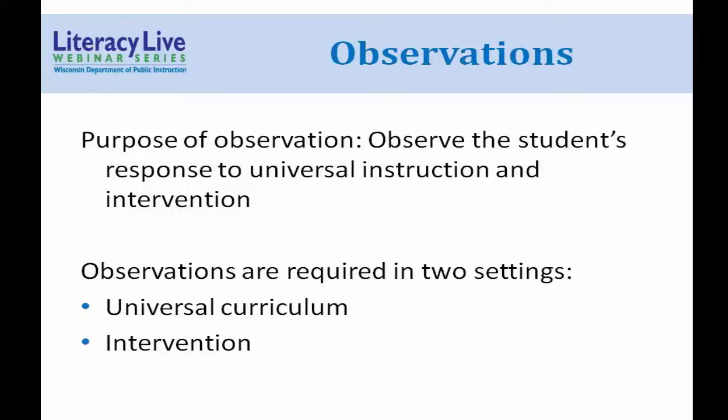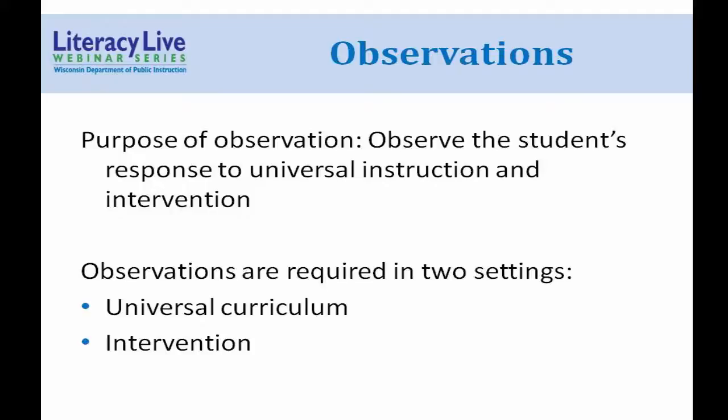It's important to note that the purpose of the observation is to observe the student's response to universal instruction and the student's response to the intervention. The purpose of the observation is not to measure whether or not instruction or intervention is being administered with fidelity.